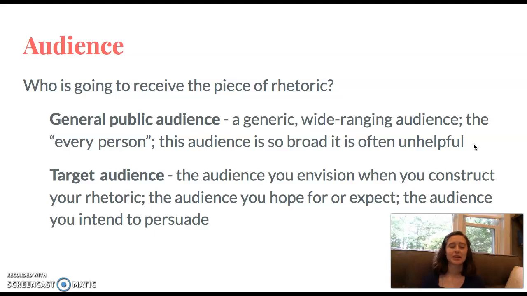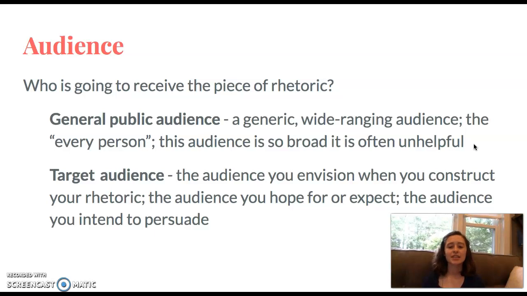This is basically unhelpful to you. It's way too broad, and you're not going to be able to make any arguments about how their specific rhetoric is made or tailored to reach a specific audience, which is what you'll want to be able to do with your rhetorical analysis. So you'll want to look at the target audience.